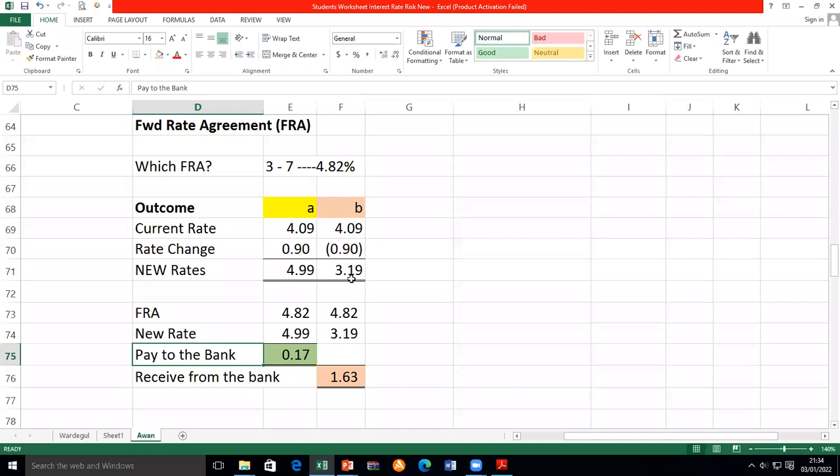In scenario number 2, an adverse movement has taken place. The interest rates have dropped. The benchmark rate has moved from there to there. So this time around, you are going to receive this reimbursement from the bank.